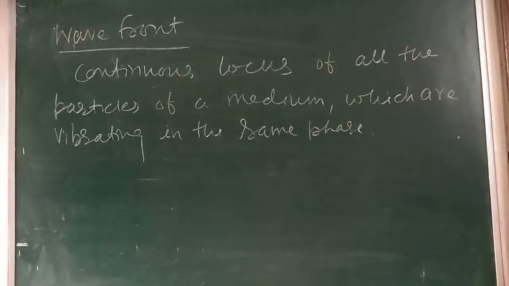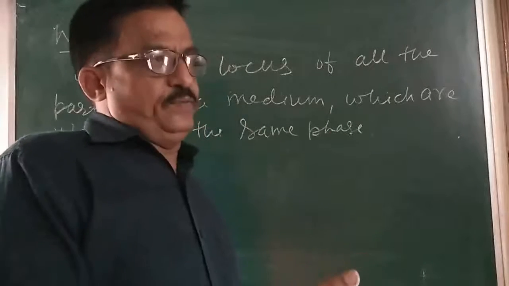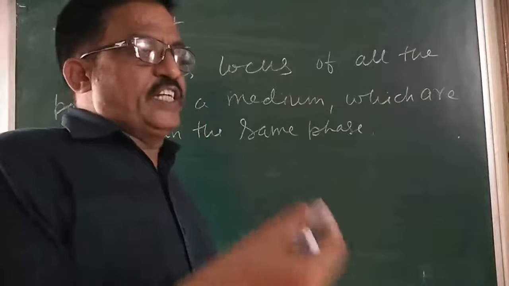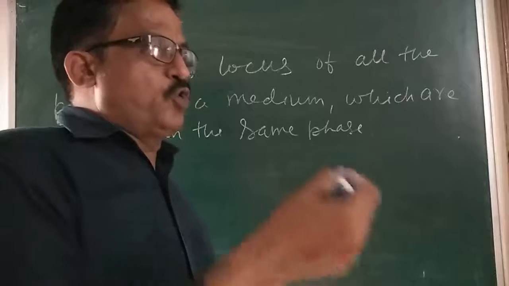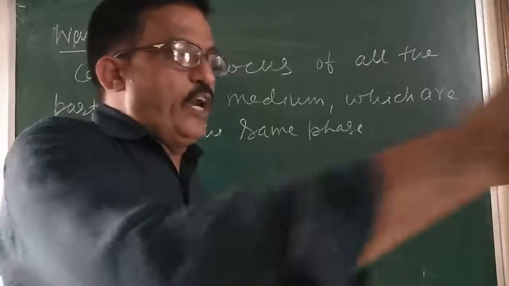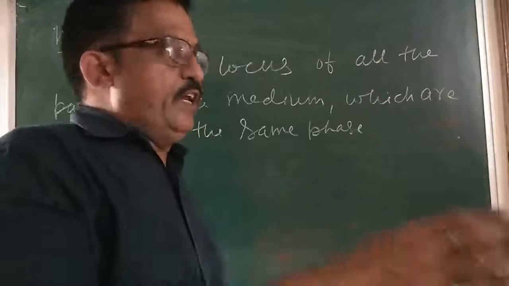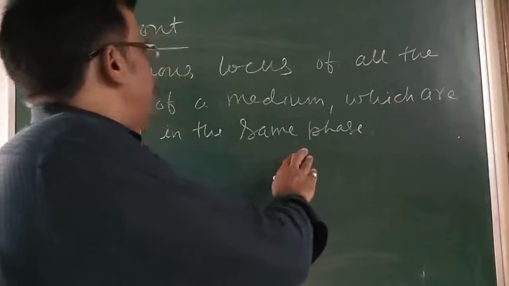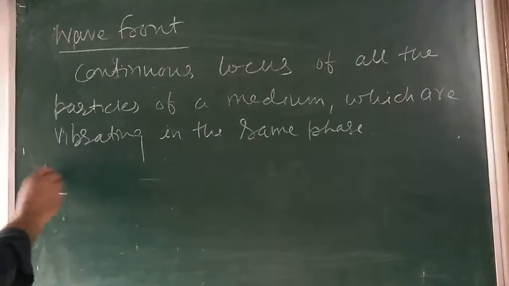I mean to say that you take any source of light. So Huygens suggests that the light coming out from that source goes equally in all directions, everywhere, all in phase.